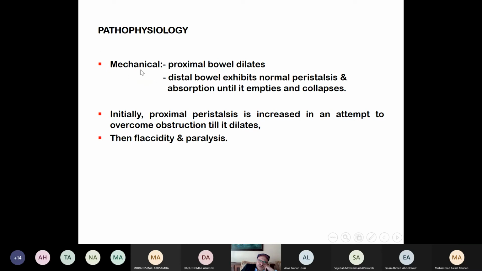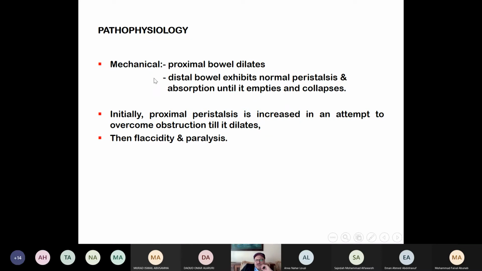In the mechanical obstruction, the proximal bowel will dilate, while the distal bowel will continue to move and continue to pass contents till it empties and collapses. What is the importance of this statement?